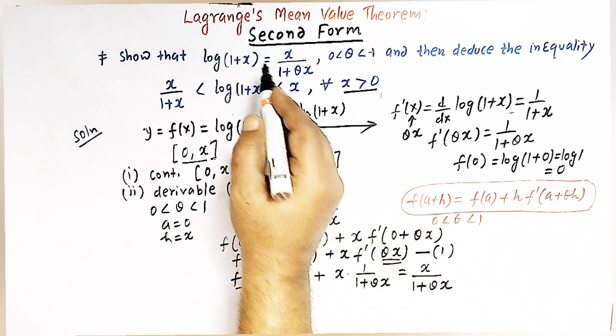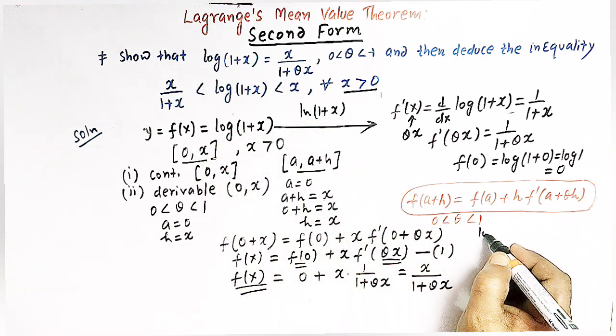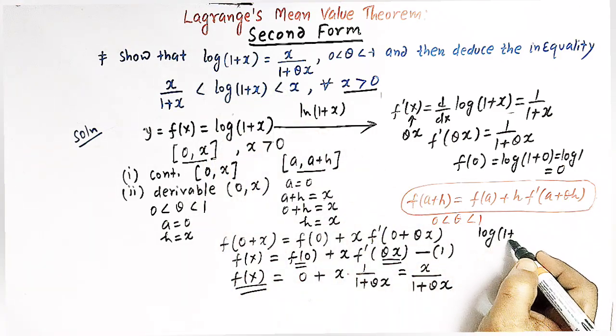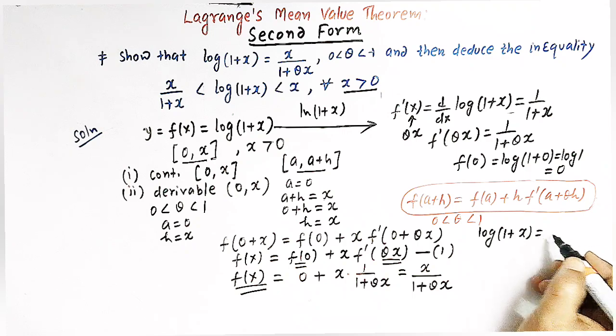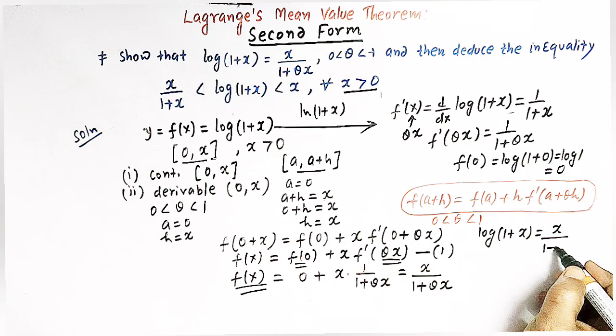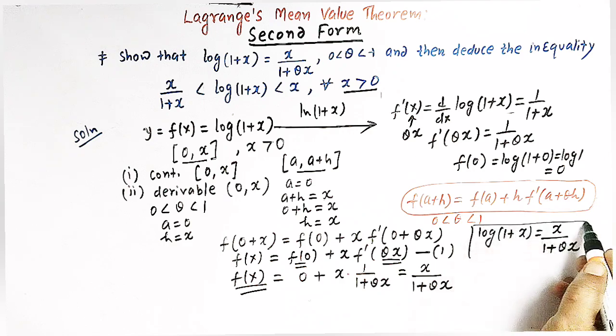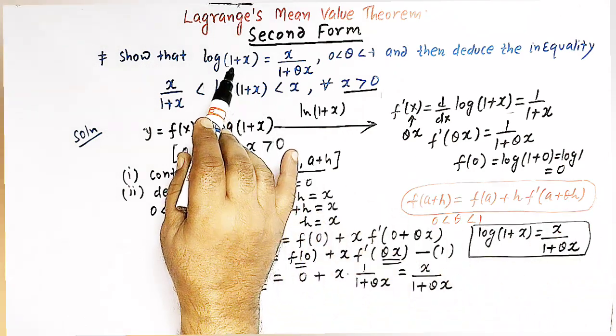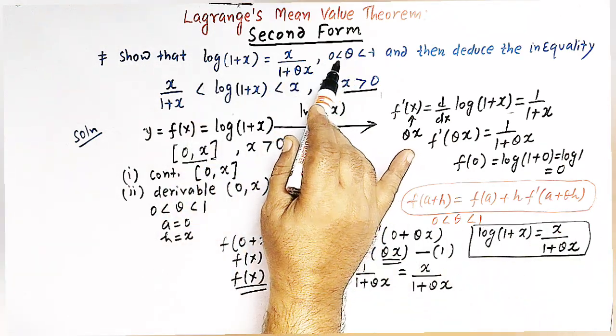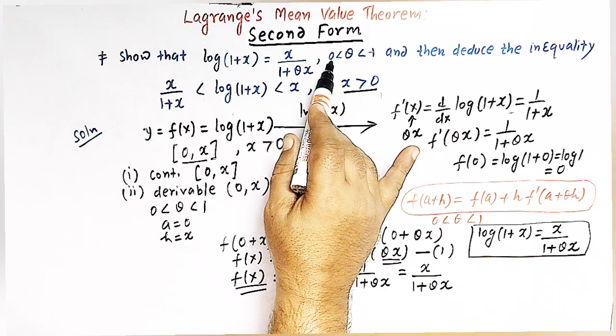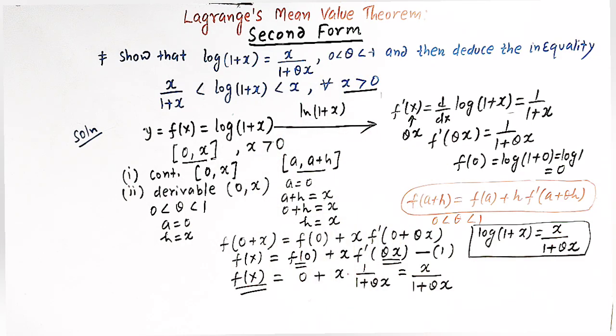So we have this result, that is log of 1 plus x is equal to x over 1 plus theta x. So this is how we can prove the first part, where theta lies between 0 and 1.